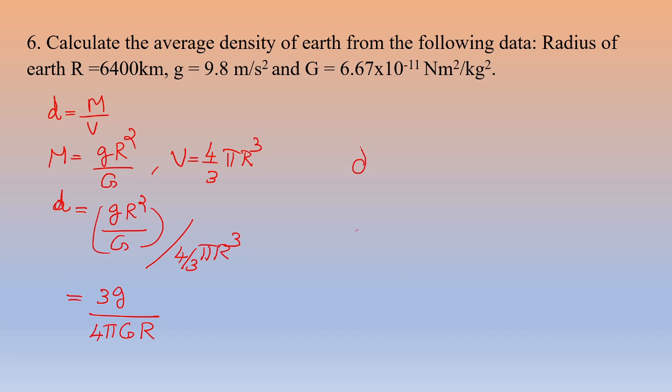So the density of Earth is equal to 3 into 9.8 divided by 4 into 3.14 into capital G, 6.67 into 10 raised to negative 11, into the radius, 6.4 into 10 raised to 6 meter.